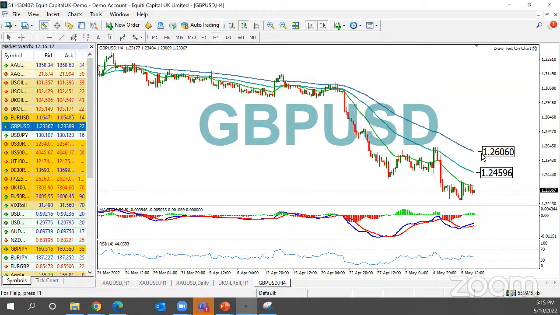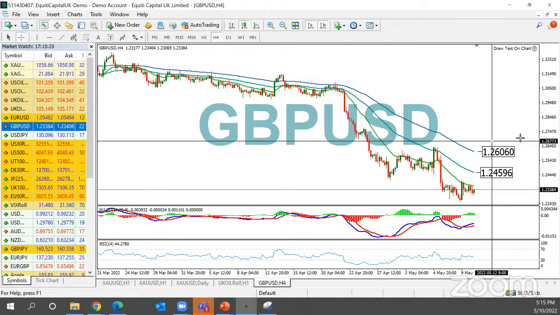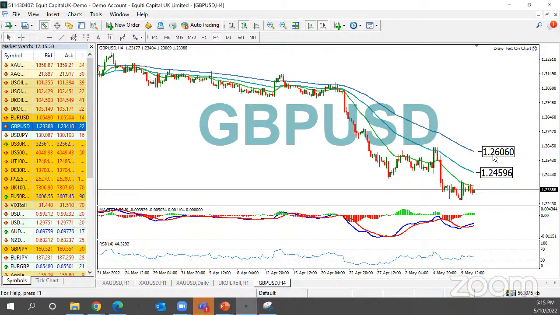However, I'm more biased to the downside. Remember that. So if prices went above the 1.26, maybe we could see a new range happening. This level is to confirm a new range trading happening.